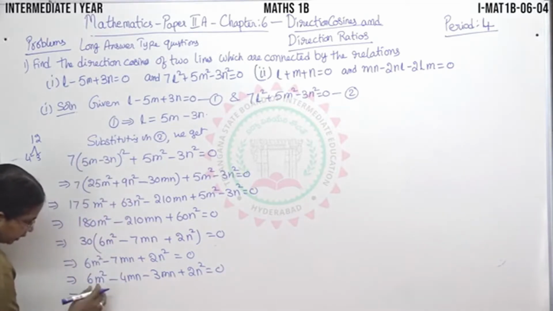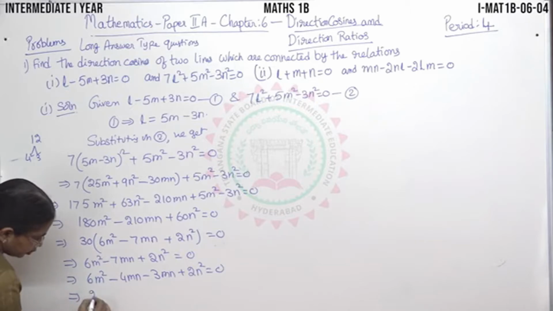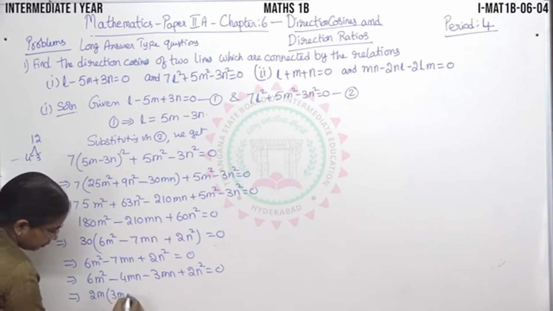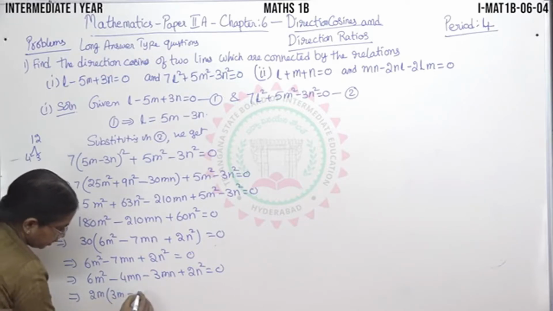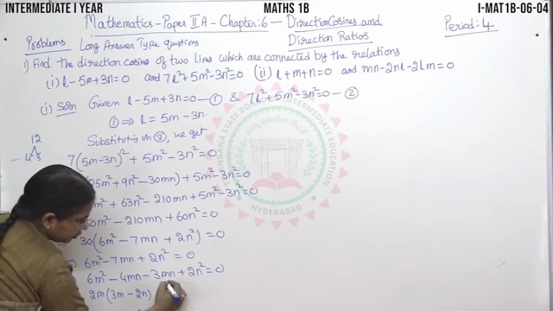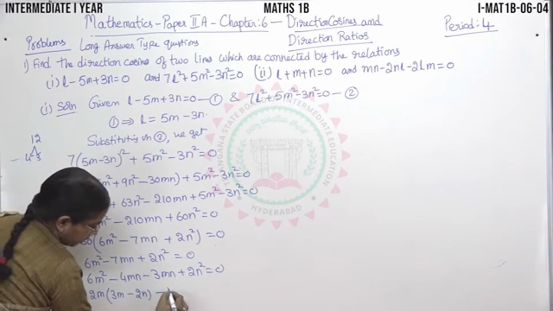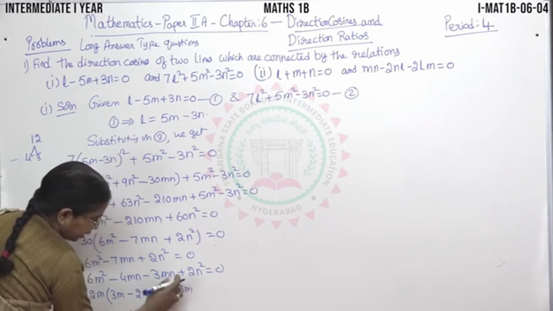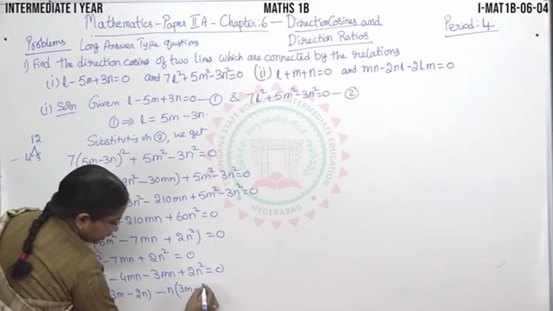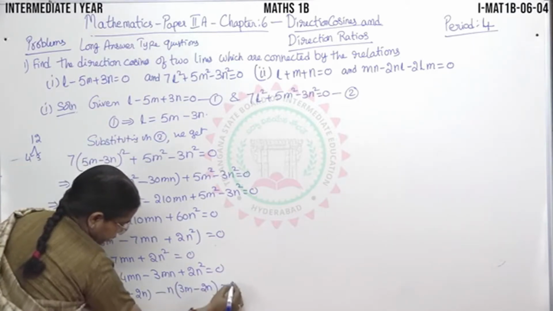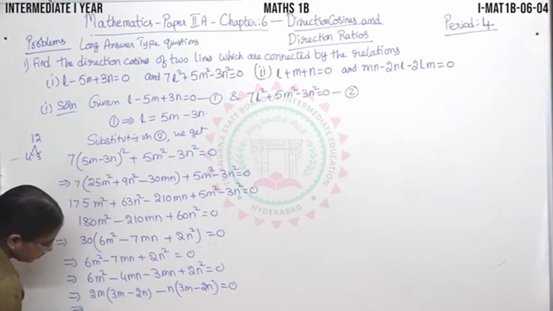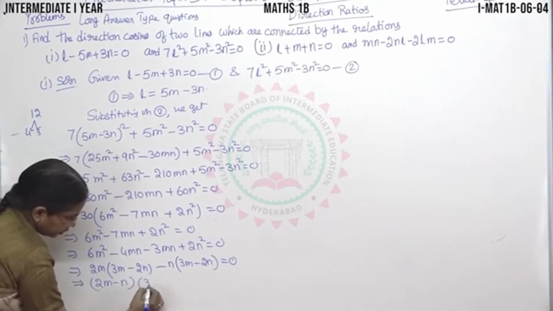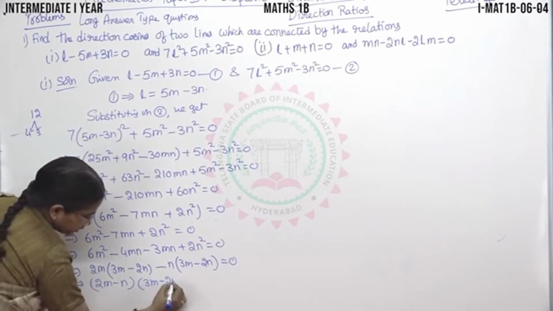You can take 2m common: 2m into 3m minus 2n. Here you can take minus n common, so 3m minus 2n is equal to 0. So that means 2m minus n into 3m minus 2n is equal to 0.